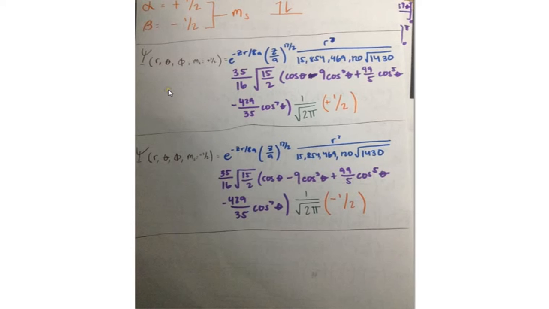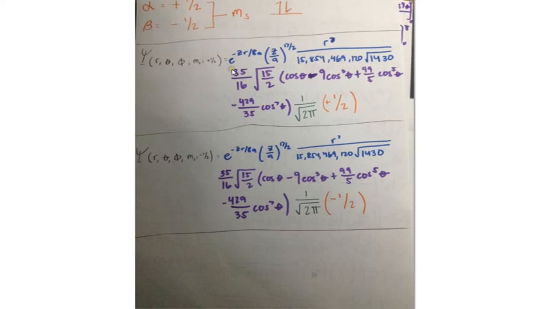So the whole wave function for 8J with ms equal to positive 1/2 is simply you just substitute the values that we got for R, for the S, and for the T, and then the alpha value that we got earlier, which is positive 1/2.